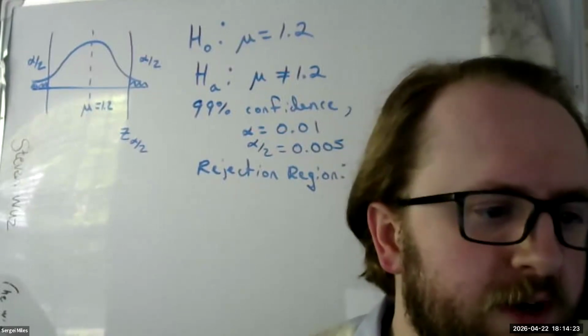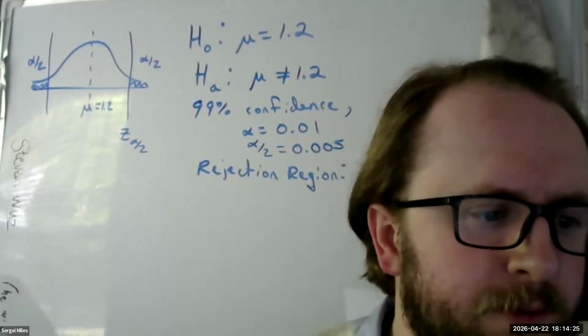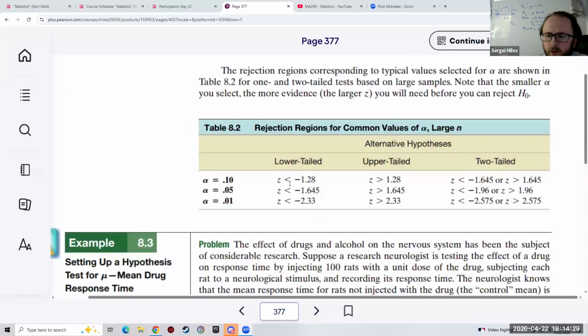This is on page 377 of the textbook, in section 8.2, where this tells us what the rejection regions are when I'm dealing with a 90% confidence, 95% confidence, or 99% confidence.